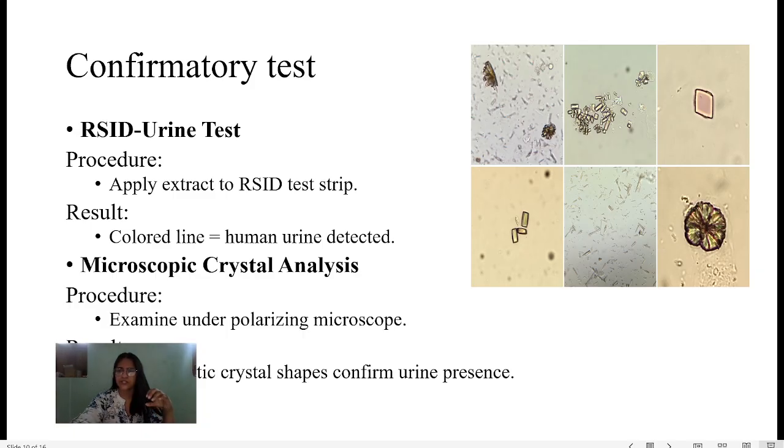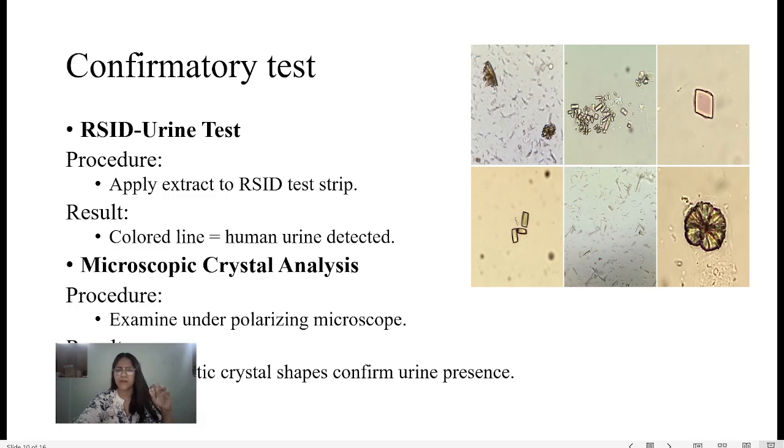So this produces a colored line. Human urine can be detected by this test. This test is very human specific, and this is a reliable confirmatory test used in forensic cases.